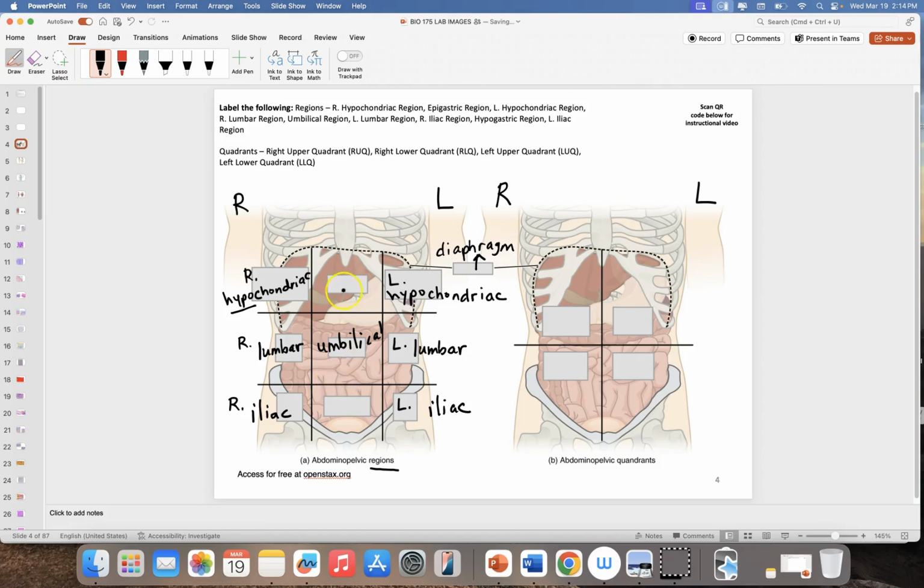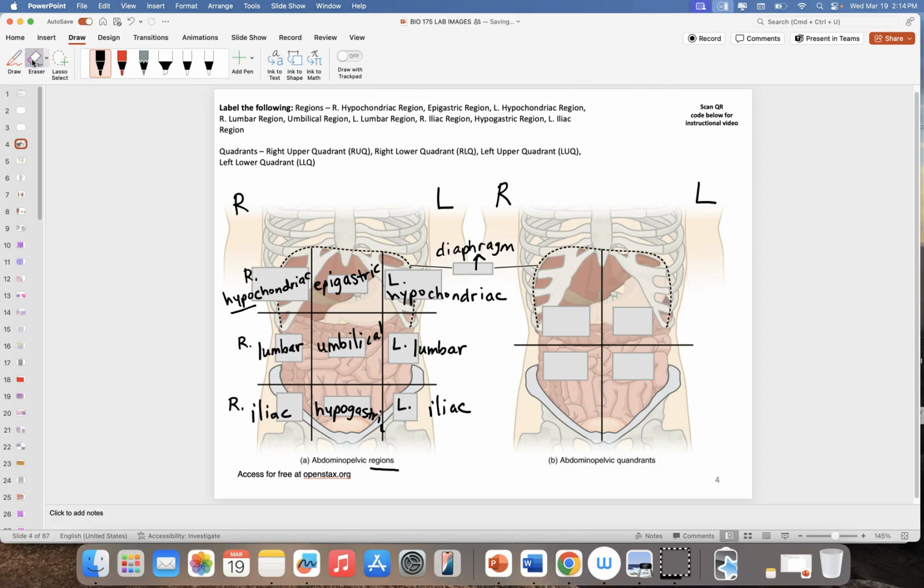And then we have a region above and below. Another word or prefix for above is epi. This is going to be the epigastric region here. We know that hypo means below, and this is known as the hypogastric region.